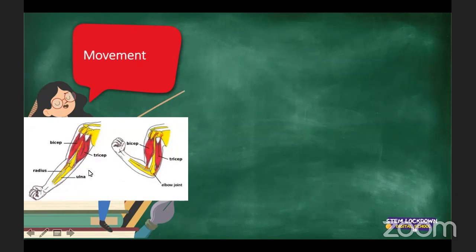Basically, we call this an extender. Why do we call it an extender? Because it has been stretched. As you can see, there's a bicep, a tricep, an ulna, and a radius. We call this movement or function an extender.